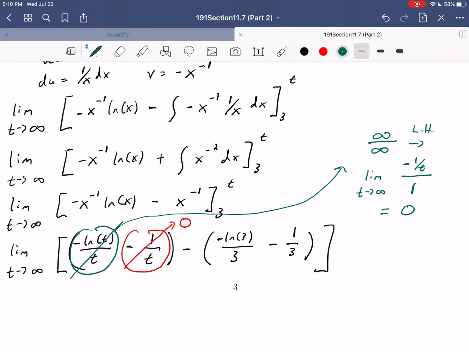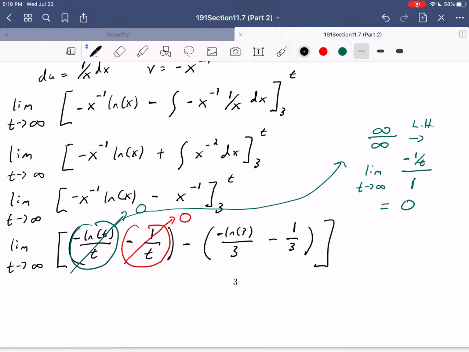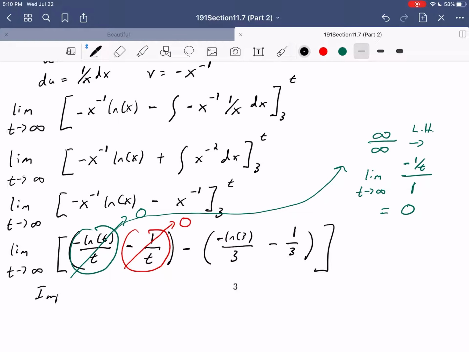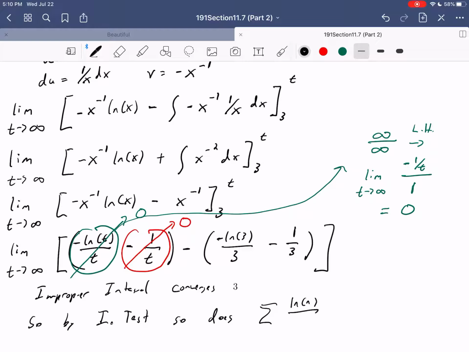So this whole thing goes to 0. So we get that the improper integral converges. So by the integral test, so does the sum of ln n over n squared.